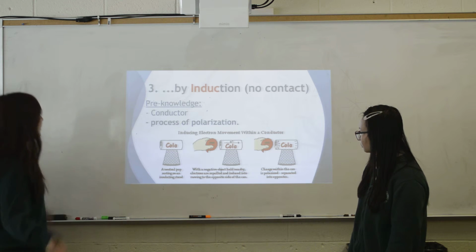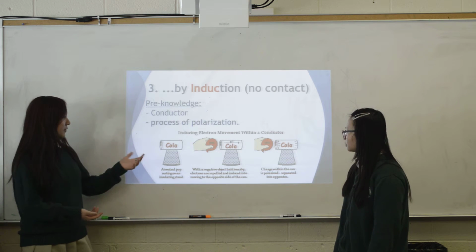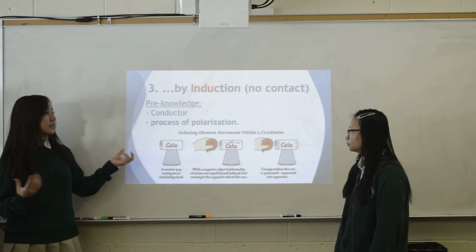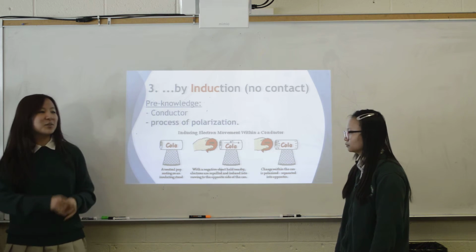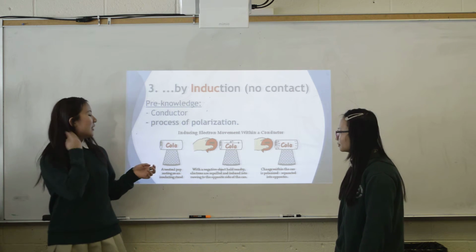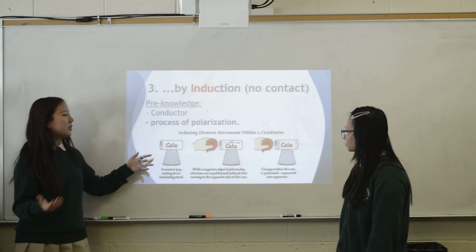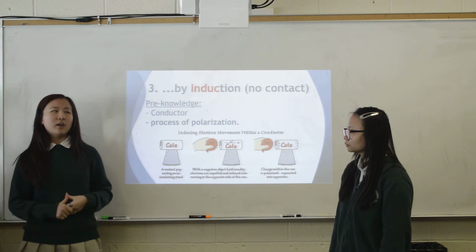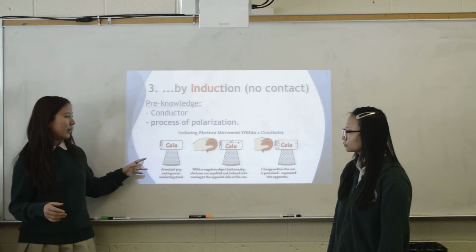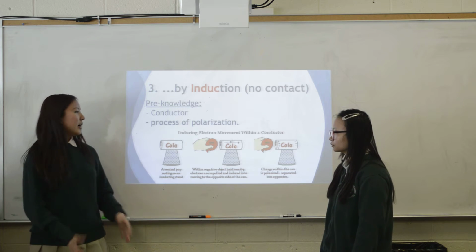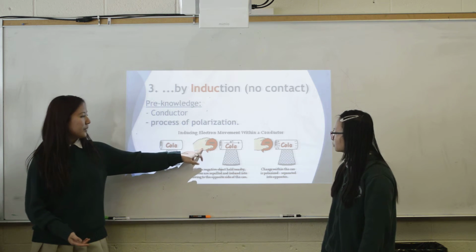So how does it work? First, a pop can, right? It's neutrally charged. Just imagine that this is a pop can right here. If it's neutrally charged, then it has an even distribution of electric charge within the object. And then you use a conductor. It's right here.